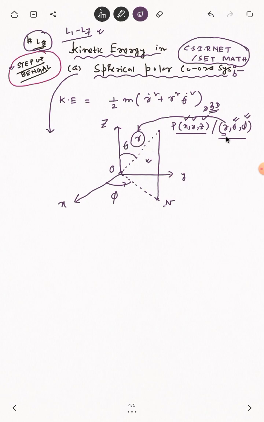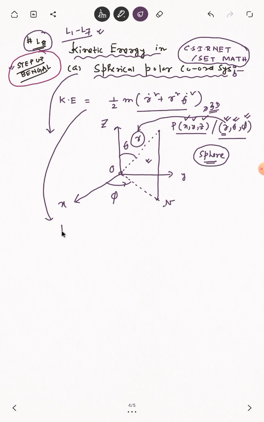So we have defined these three quantities. In three-dimensional systems, the two-dimensional polar coordinate system becomes the spherical polar coordinate system, because if we consider a sphere, then on it the most suitable configuration will be this system.